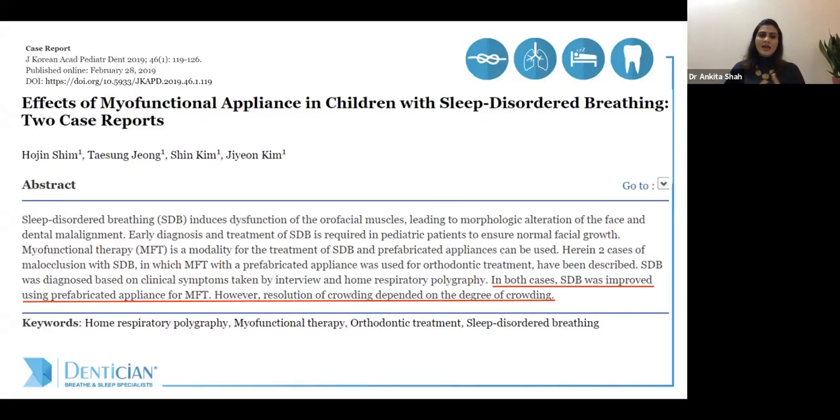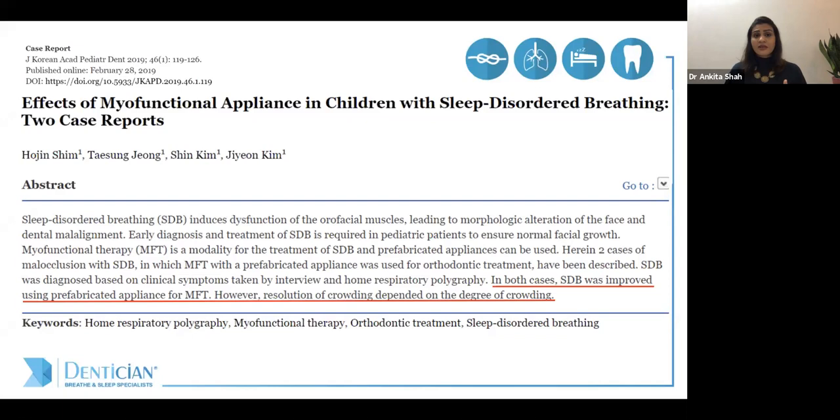Now, this was an important case report. I would say there are many such case reports now where there have been children with sleep disordered breathing. They were clenching, grinding, and other signs of SDB were present. They had a high AHI also. So they were corrected with certain prefabricated myofunctional appliances. They used some myofunctional therapy with it, and their AHI improved and was well maintained even at 6 months post-therapy and post-treatment.